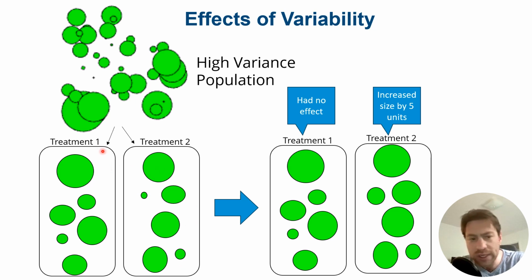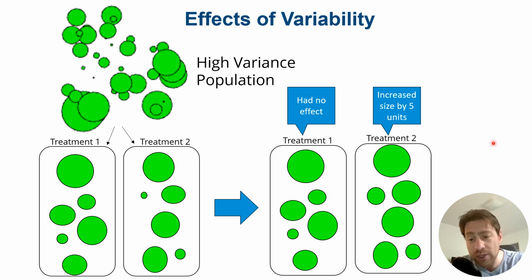And so again, each one gets one of the two drugs, treatment 1 drug or treatment 2 drug. You run your experiment, and let's say the drugs work exactly the same way. Treatment 1 has no effect. The sizes remain exactly the same. Treatment 2 increases the size by approximately 5 units. And so these circles are now bigger than these.